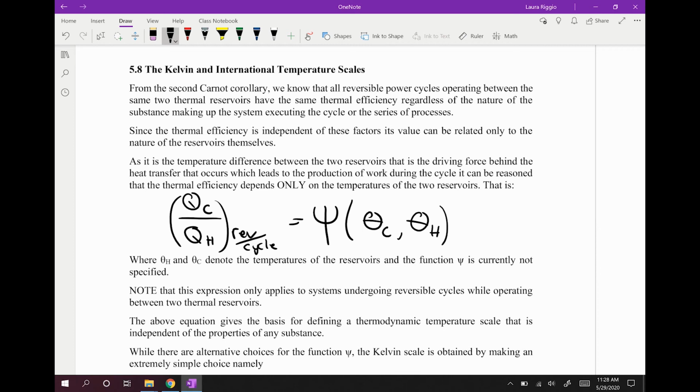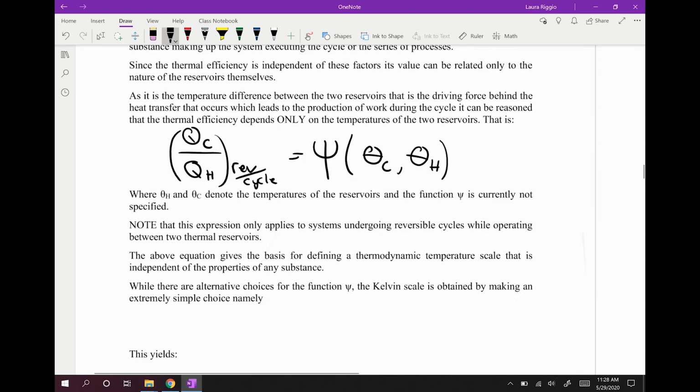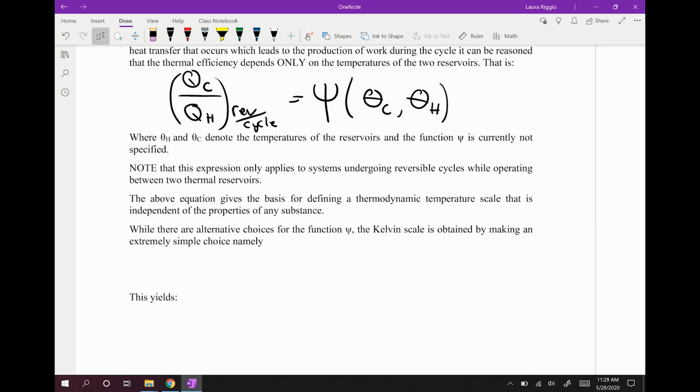The above equation gives the basis for defining the thermodynamic temperature scale that is independent of the property of any substance. While alternative choices for the function can be made, the Kelvin scale is obtained by making a very simple choice, which is namely that psi is equal to TC over TH.